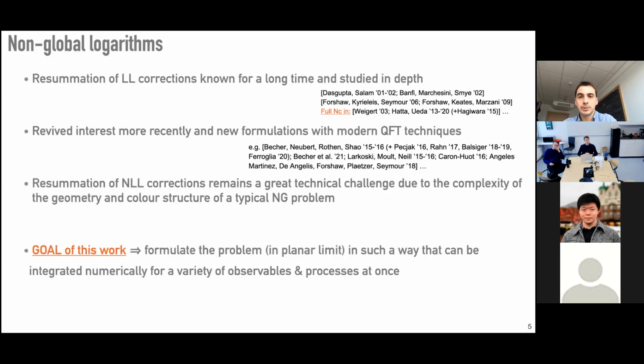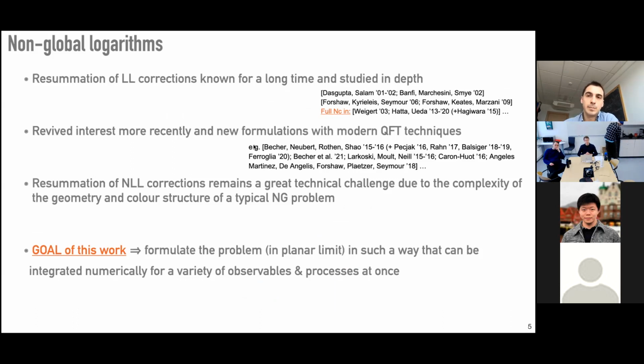So all this interest led to a lot of research in the past years since their discovery in 2001 by Dasgupta and Salam. And so a lot of applications are leading log for different collider observables, both in the planar limit of large number of colors, as well as more recently in full color using discretization techniques.